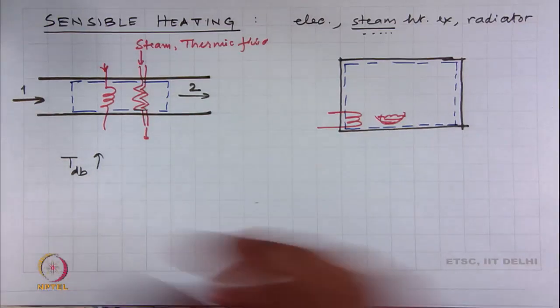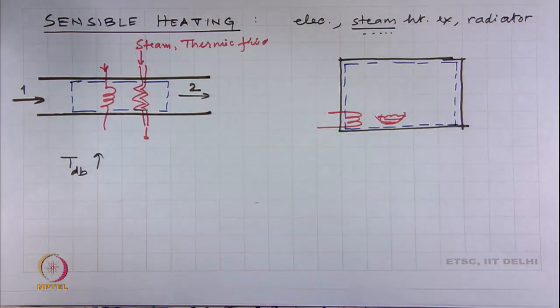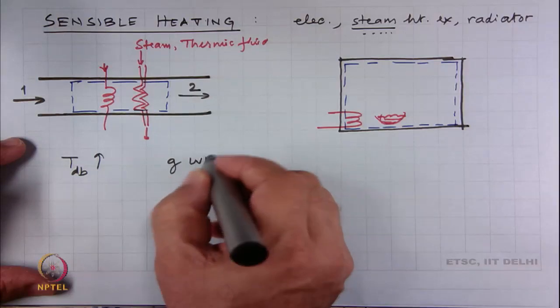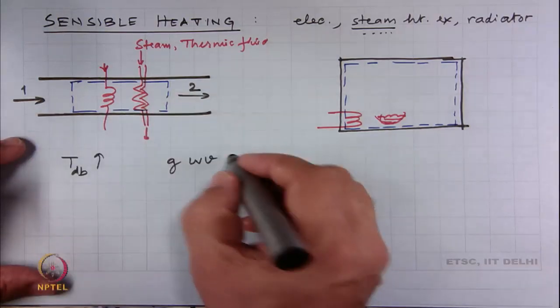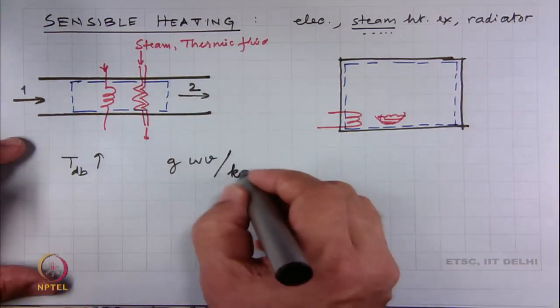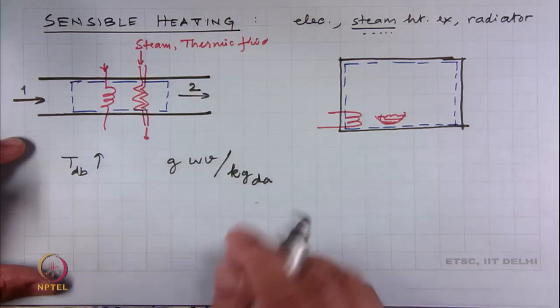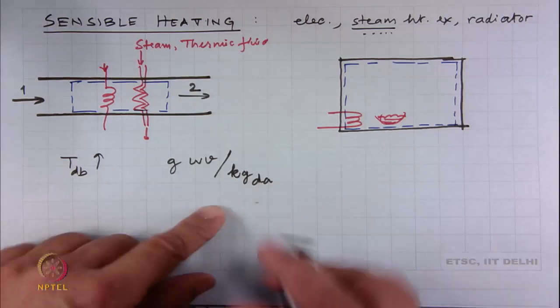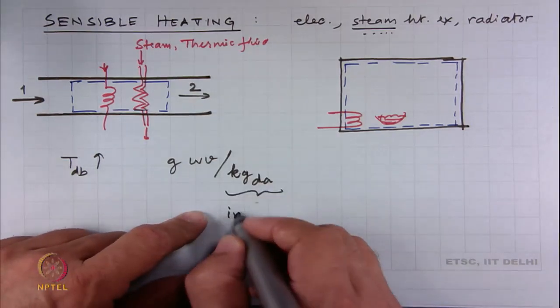We did not add moisture, we did not remove moisture, so the amount of moisture in this system remains the same. That means grams of water vapor is the same, and grams of water vapor per kg of dry air also remains the same.